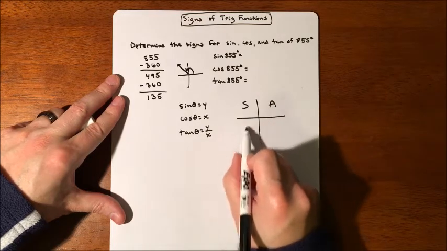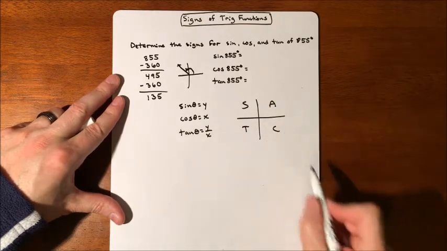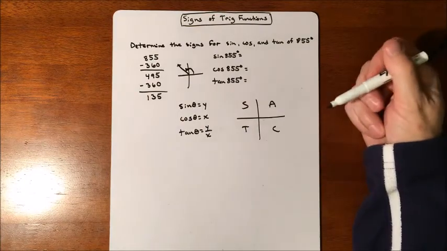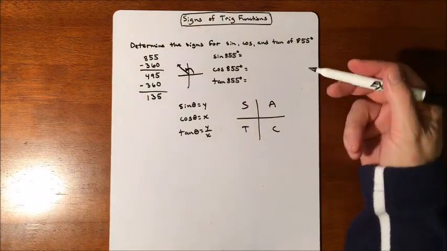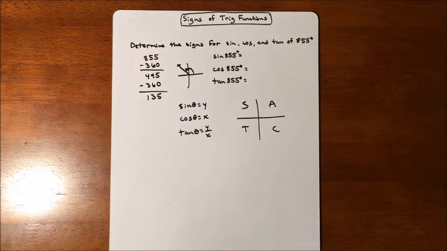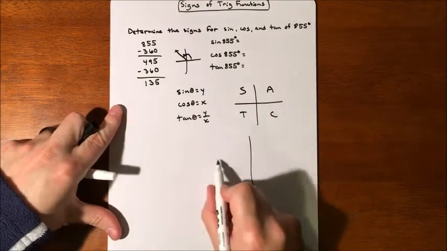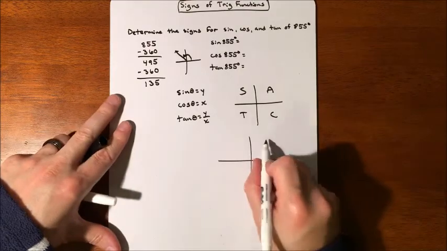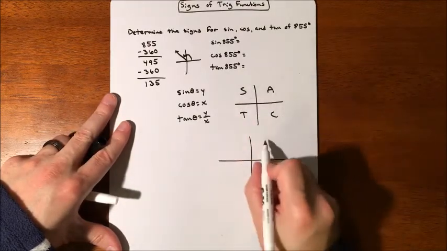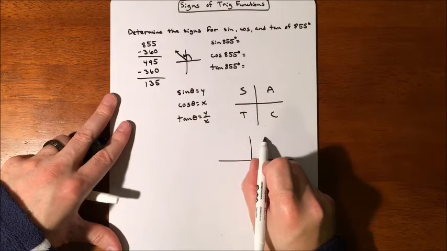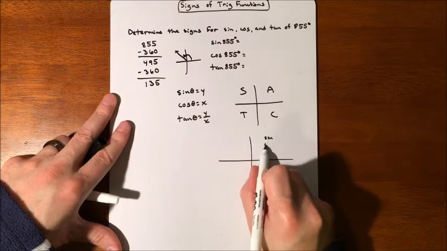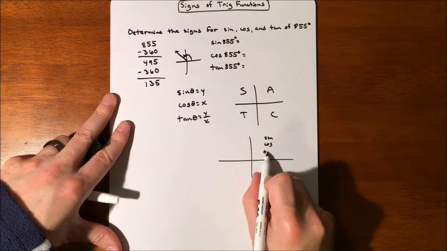So how I go about doing this is this. A smart trig class organizes my signs. Let me complicate it for a second to give too much information, and then we're going to simplify it and talk about what this is. So you have sine, cosine, and tangent in each quadrant.